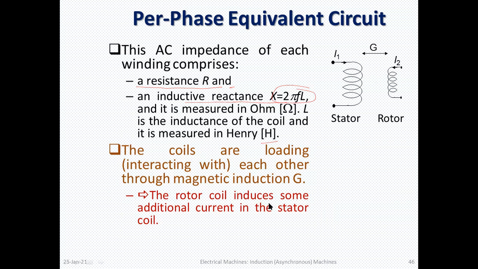The rotor coil induces some additional current in the stator coil. We will see how some extra current arises. Suppose the rotor also produces MMF, and its MMF also reacts with this MMF and cuts the stator winding. So it will also produce some EMF, and that EMF also produces some extra current.